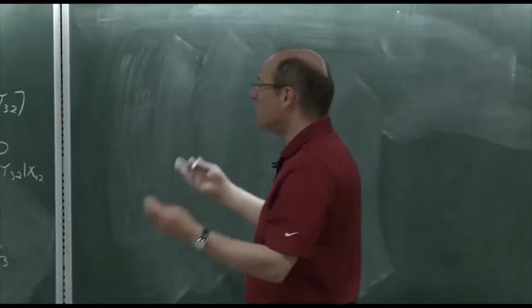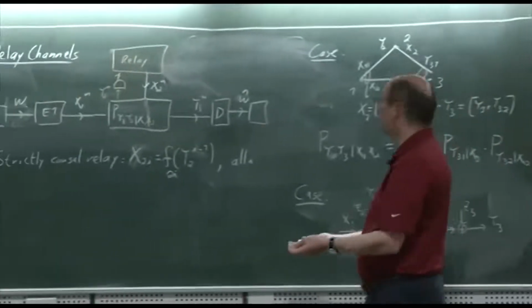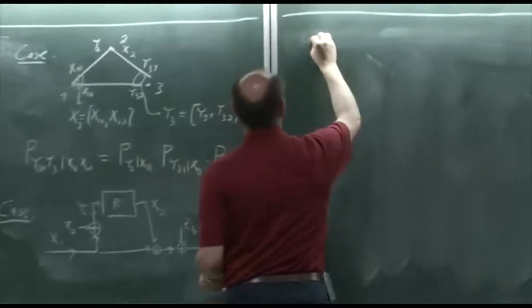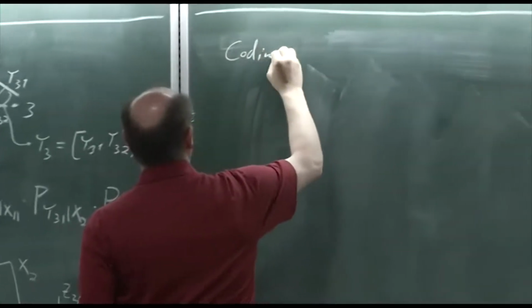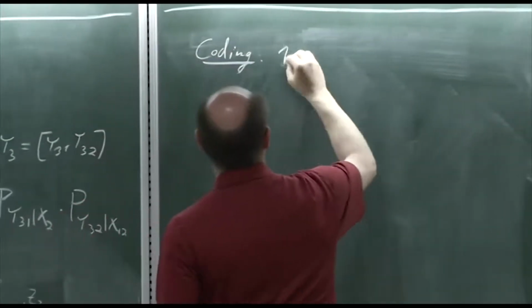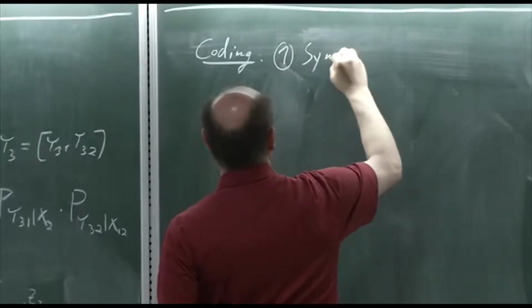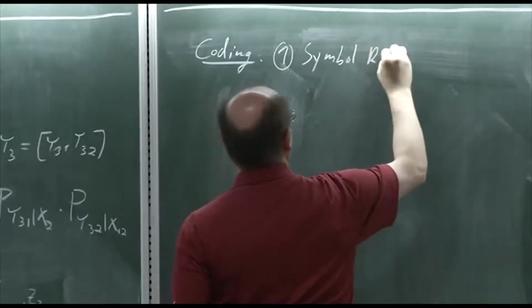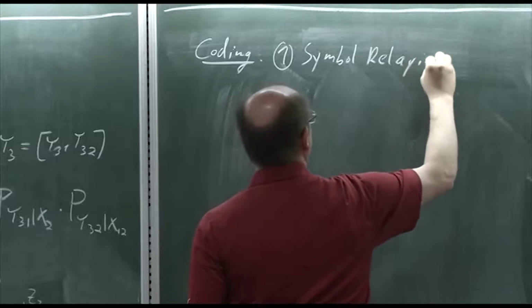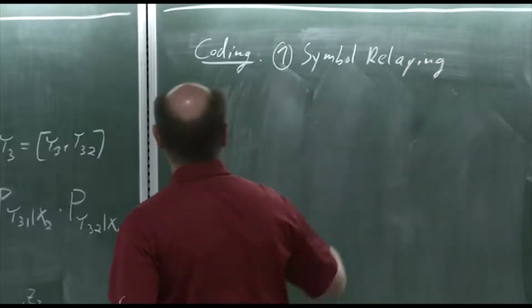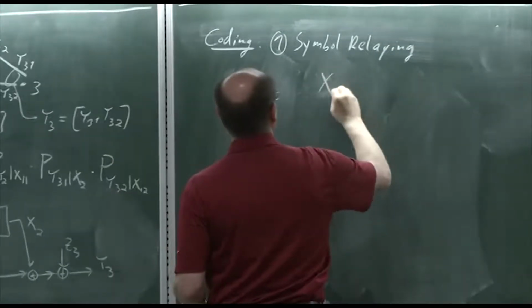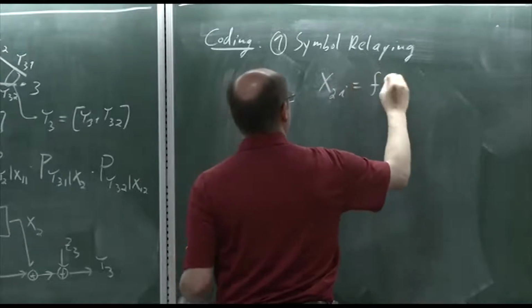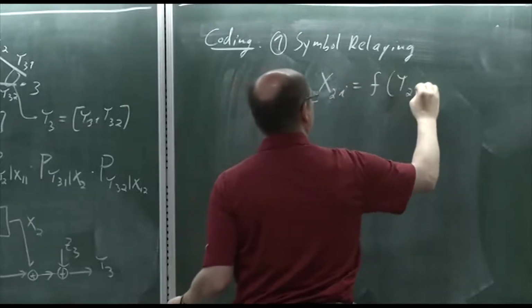Fine, so we talked about various coding strategies, the simplest of which is what I called symbol relaying. This is the simplest kind of relay where x2i is just a function of the past output value.